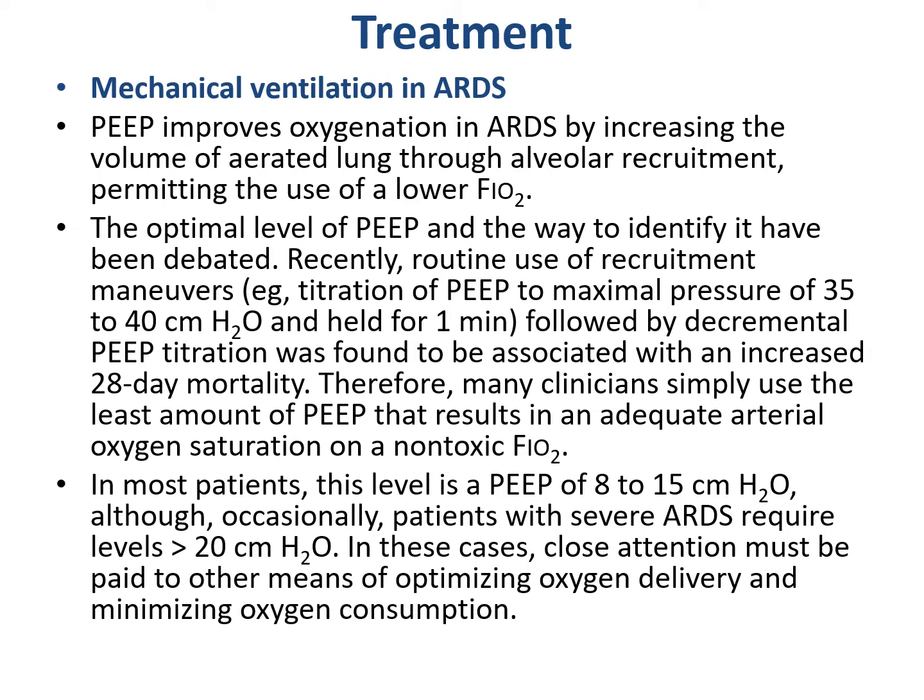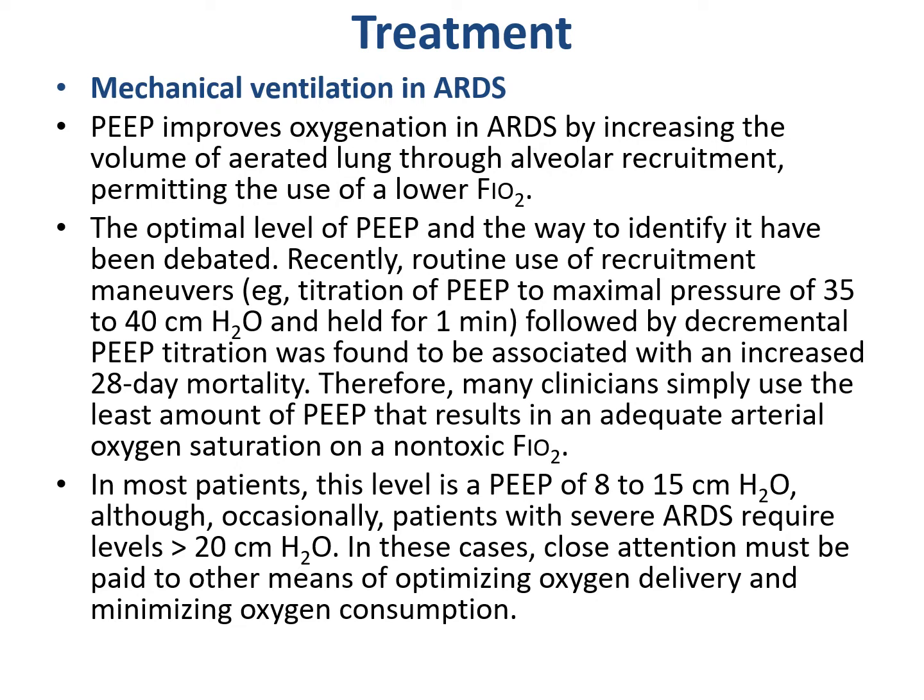PEEP improves oxygenation in IRDS by increasing the volume of aerated lung through alveolar recruitment, permitting the use of a lower FiO2. The optimal level of PEEP and the way to identify it have been debated. Recently, routine use of recruitment maneuvers followed by decremental PEEP titration was found to be associated with an increased 28-day mortality.